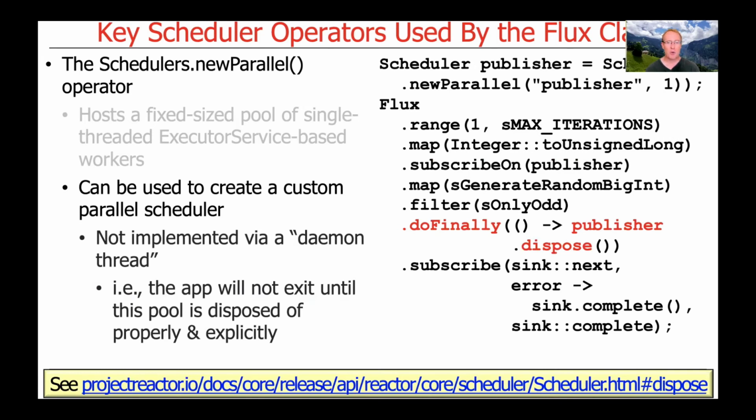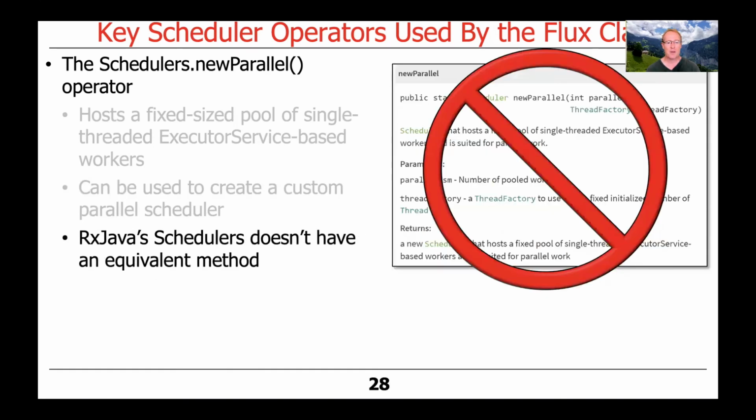So what you typically do, and we'll talk about this later, again, in the context of the case study and some other things we're going to talk about here shortly about other action operators in the Flux class, is use the do finally method, which is called once when the stream is going away, to dispose of the resource, in this case, the scheduler, thereby ensuring that its resources are cleaned up and the thread is shut down, and then the program can exit properly. If you don't do this, then your program will continue to hang even when all the other threads have shut down because it's not implementing this as a daemon thread.